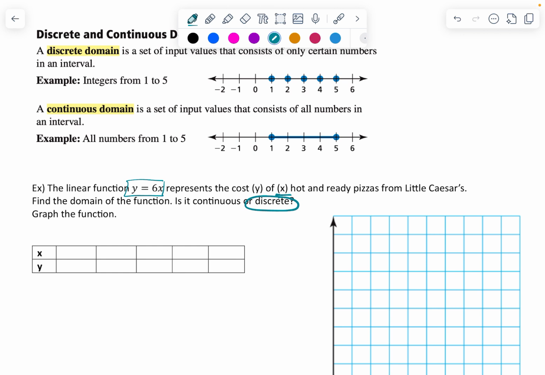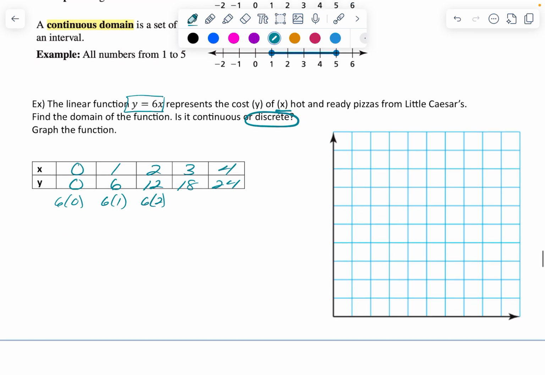No. We can buy 0 pizzas, and then otherwise we can purchase 1, 2, 3, 4, and so on. We'll just fill in the chart there. Our y values are going to be 6 times our x values. So 0 pizzas cost $0. 1 pizza costs $6. 2 pizzas cost $12. And they're going to go up by $6 each time.